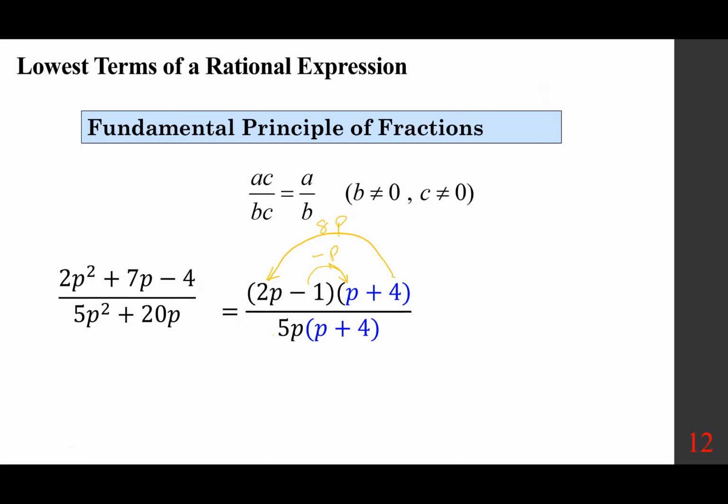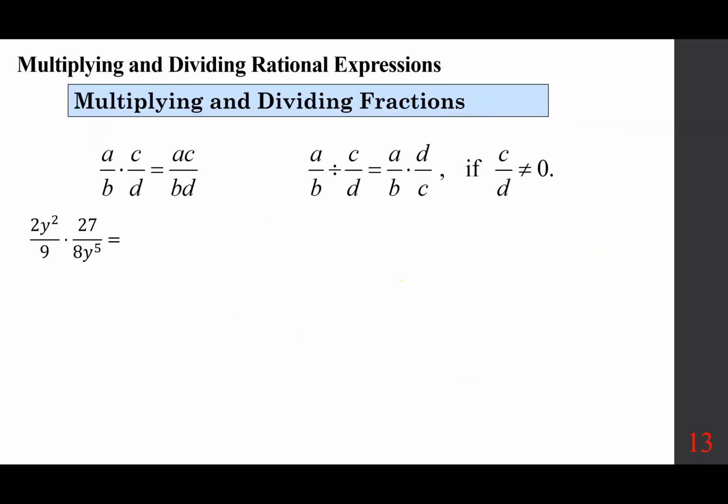Because simply put, you take the 5p out, and the common factor of p plus 4 cancels, leaving 2p minus 1 over 5p. So that's factoring and simplifying.